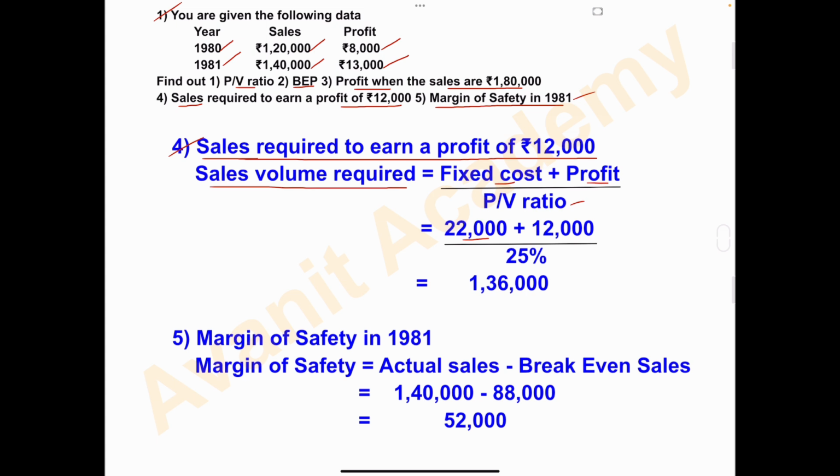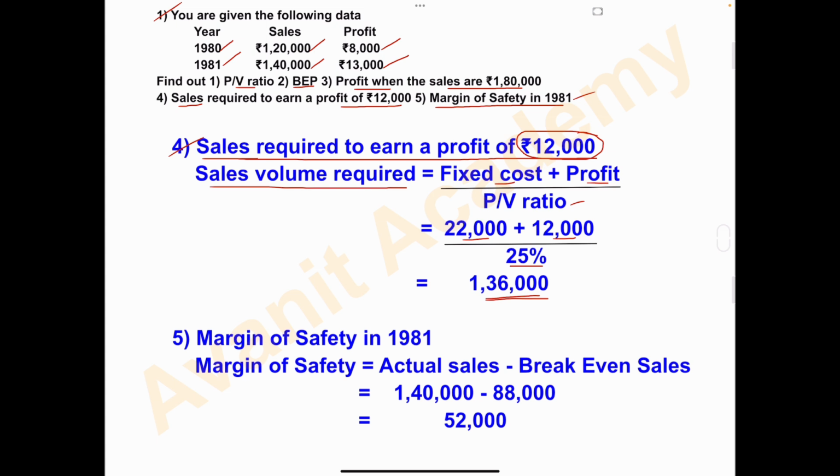Profit is given in the problem, that is 12,000, divided by PV ratio, that is 25%. Do the calculation: 22,000 plus 12,000 and divide it by 25%. You will get 1,36,000. So the sales volume required is 1,36,000.